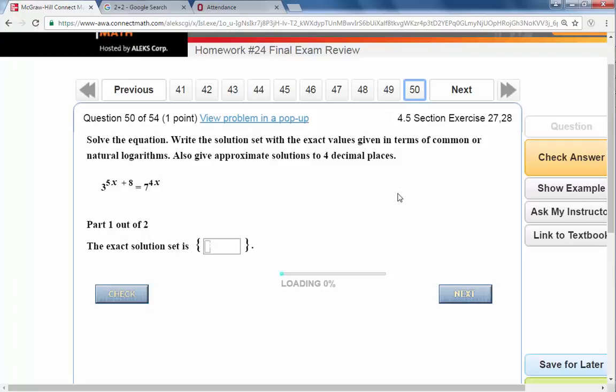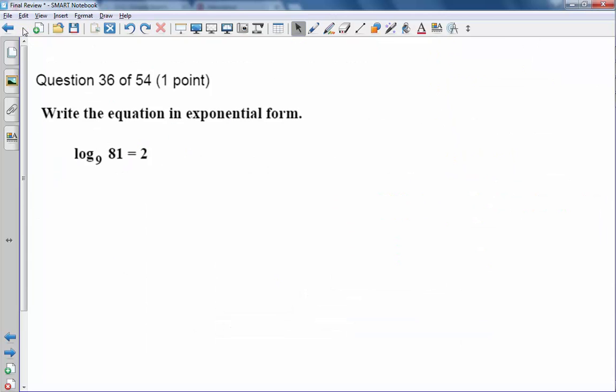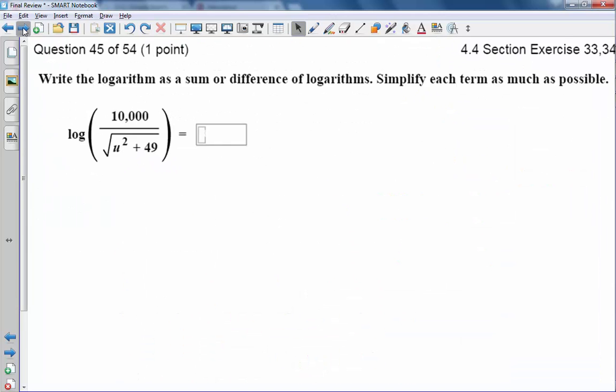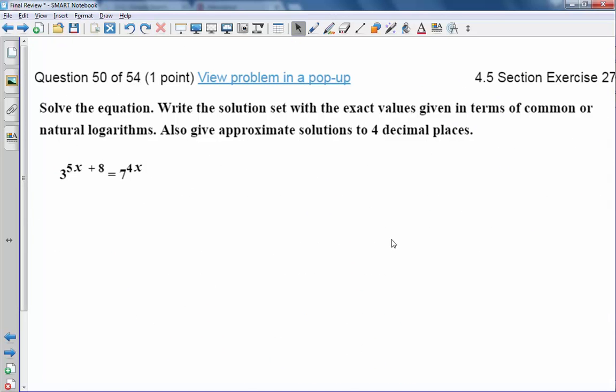Okay, 50. Next one. How do you solve this exponential equation? You see x is on top. We need to bring them down. These exponents must be cancelled out by a magic weapon, which is logarithm.